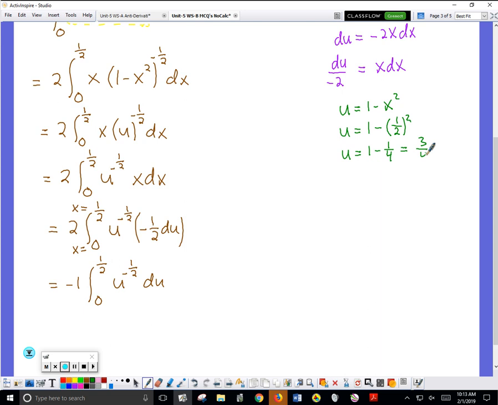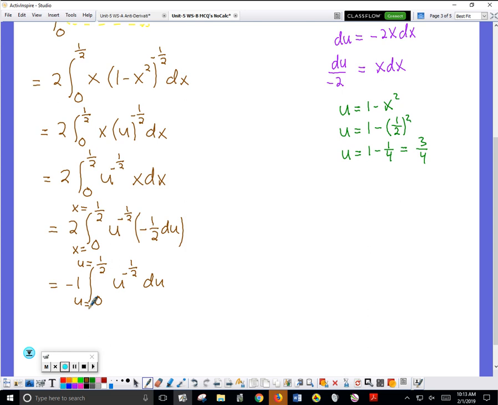Do you need me to talk through the why of that? Hadley? So you're just replacing the limits because those limits are x, and then the new limits for u? Correct. We want to convert everything from x to u. Perfect. 2 points for Hadley.